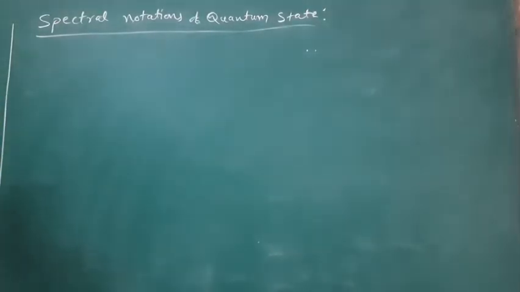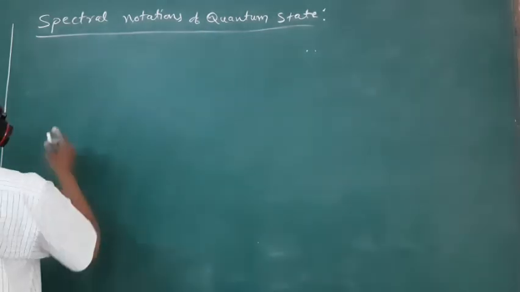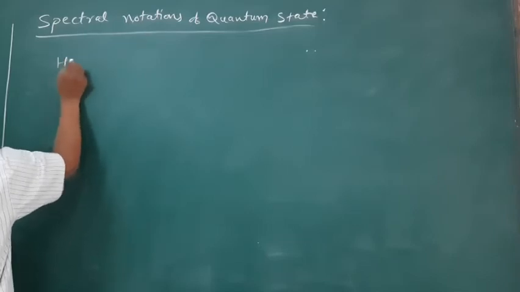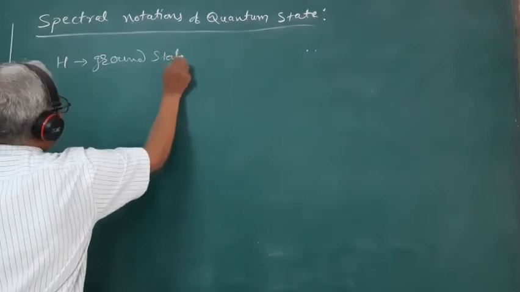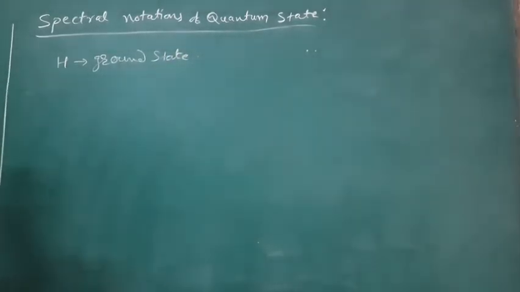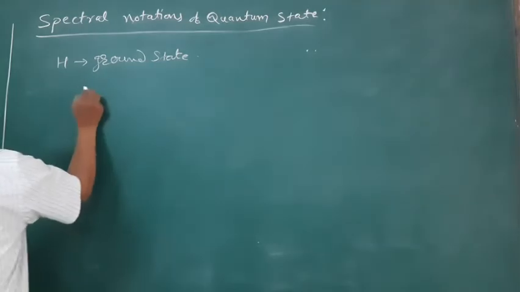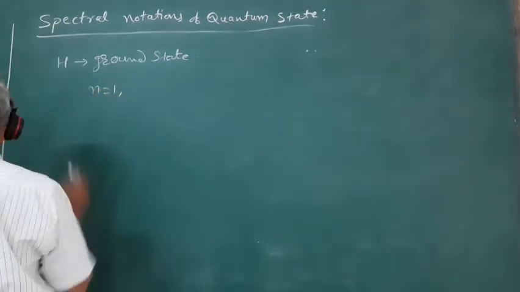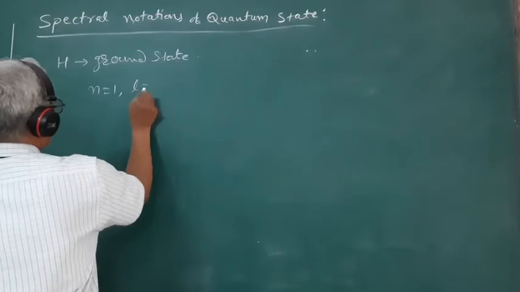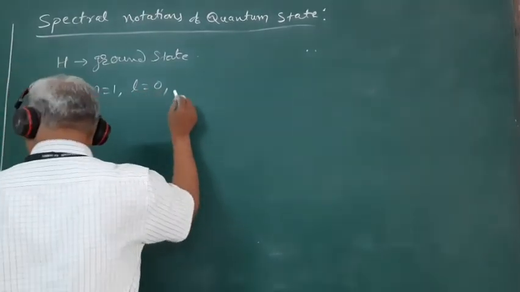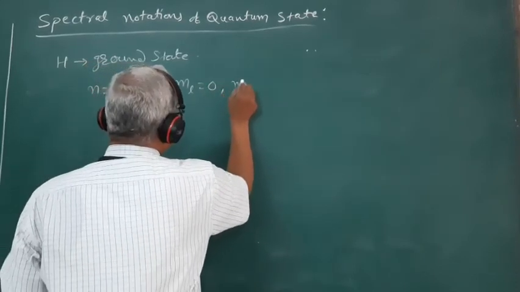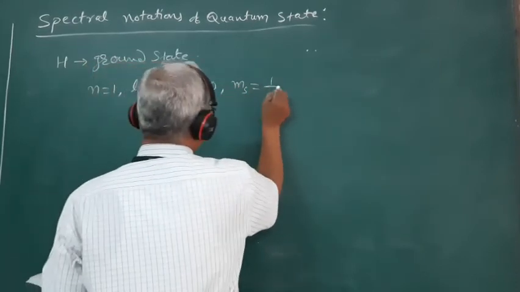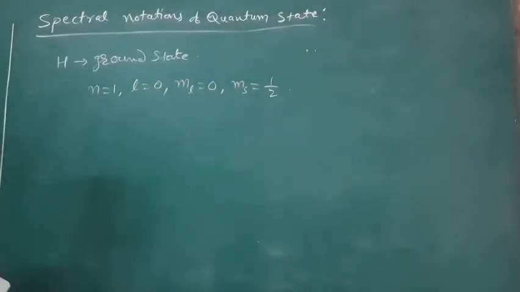For hydrogen, as we know, there is only one electron, and if that electron exists in the ground state, the principal quantum number n is 1, the orbital quantum number L is 0, the orbital magnetic quantum number m_l is 0, and the spin magnetic quantum number m_s is equal to plus 1/2.